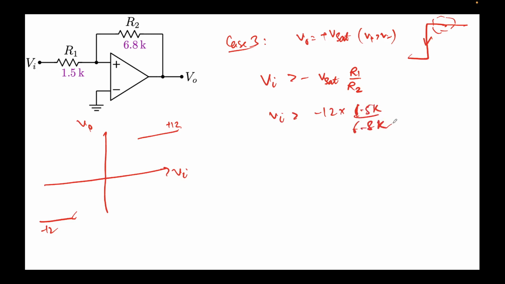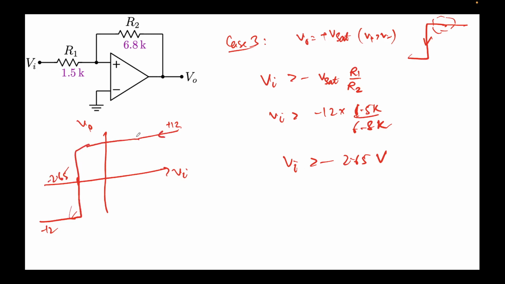Let me get my calculator: 12 times 1.5 over 6.8 comes out to around minus 2.65 volts. So as long as Vi is greater than this value, it will remain at plus V sat. This means the switching is happening at minus 2.65.